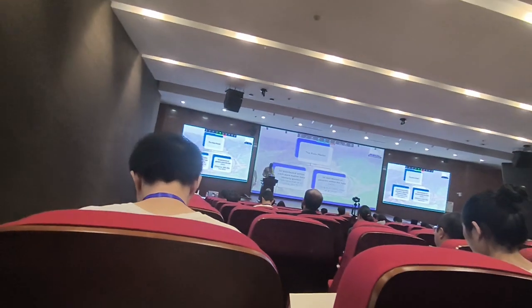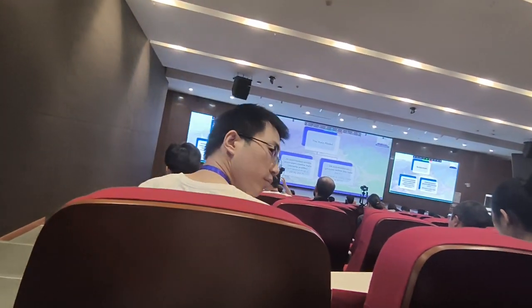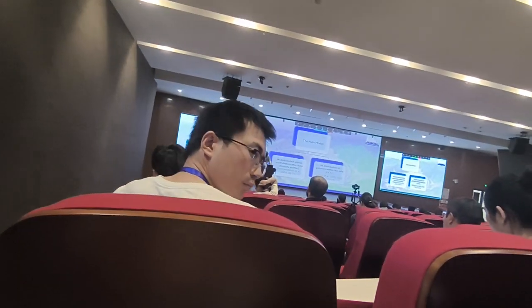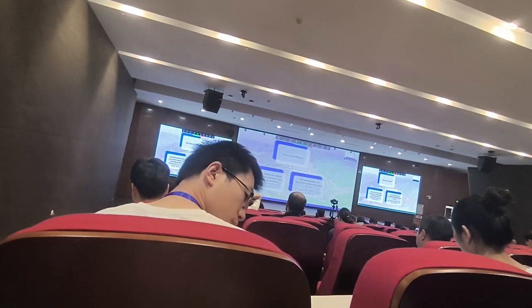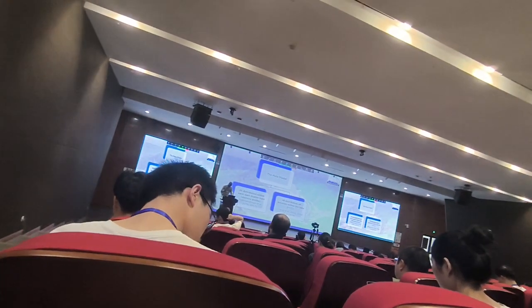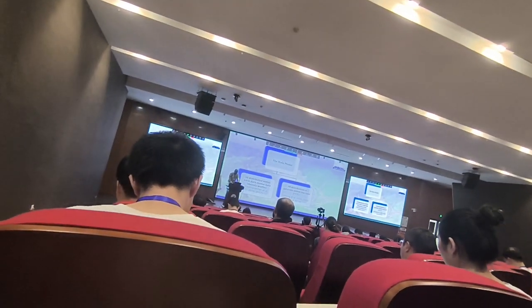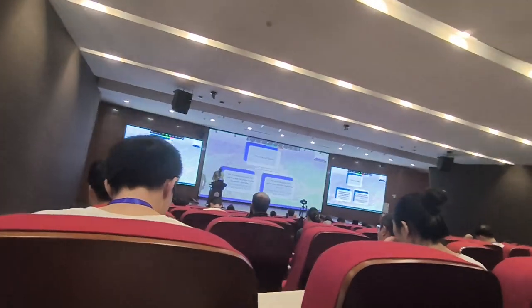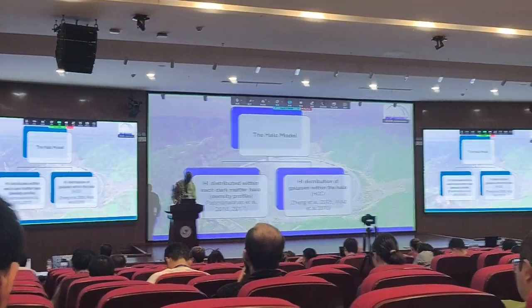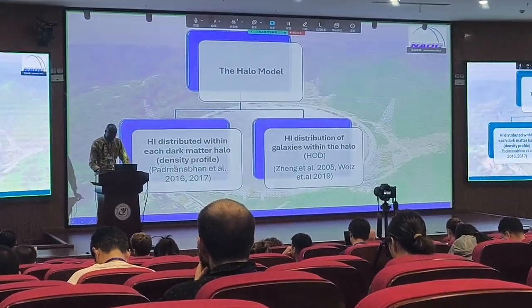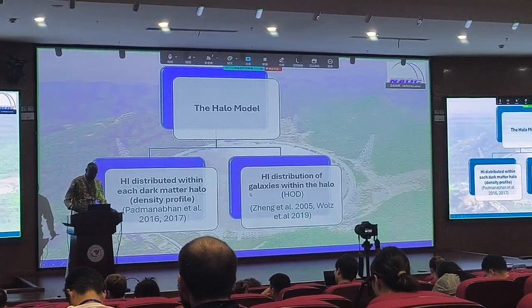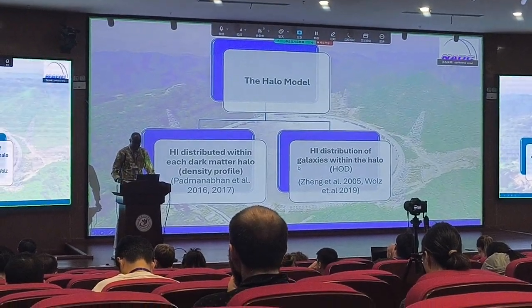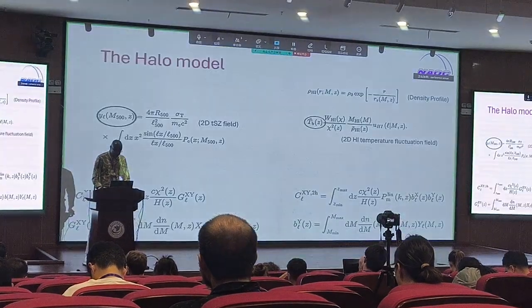Another way is to use the HOD, which has been done extensively, particularly when you're interested in describing the discrete galaxies within the halo. But for the purpose of this work, we decided to use the first approach, looking at the scales that we're interested in. The HOD will probably be more relevant if you want to go to smaller scales.